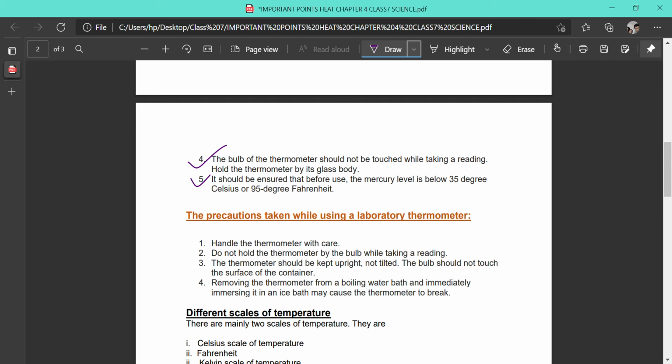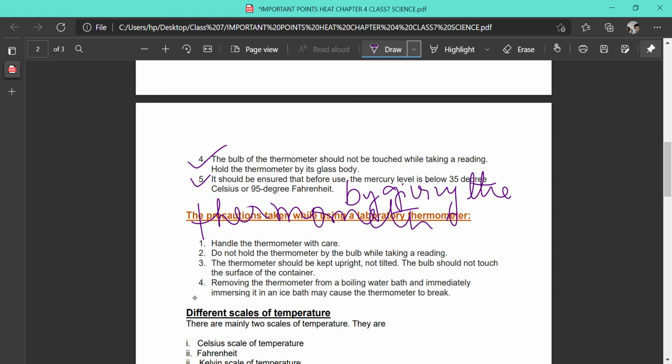Last one is that it should be ensured that before use the mercury level is below 35 degrees Celsius in the Celsius scale and below 95 degrees Fahrenheit in the Fahrenheit scale. But how can we do that? We can do it by giving the thermometer a few jerks.